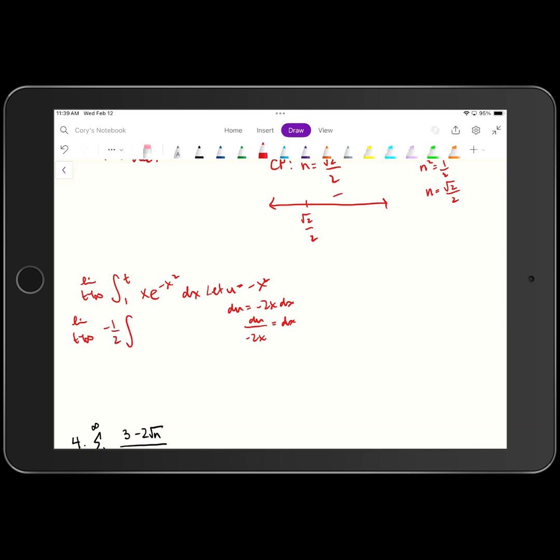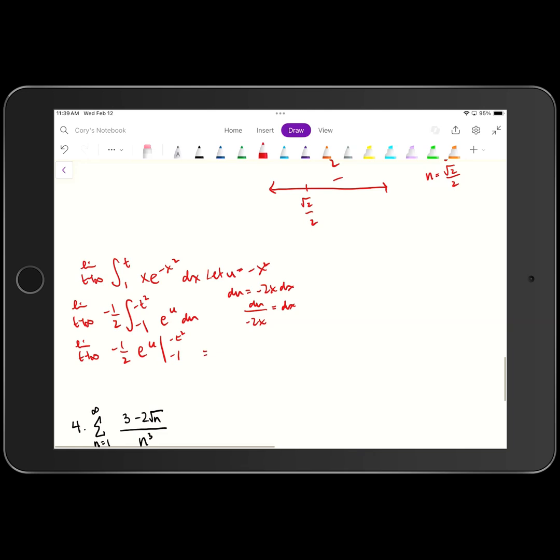I'm going to rewrite both limits of integration in terms of u values. So the upper limit is going to be negative t squared. The lower limit is going to be negative 1. And then the function that I'm integrating is e to the u power, which we are integrating with respect to u. Okay, so when I take the antiderivative here, we get negative 1/2 times e to the u power, which we're going to evaluate at negative t squared and negative 1.